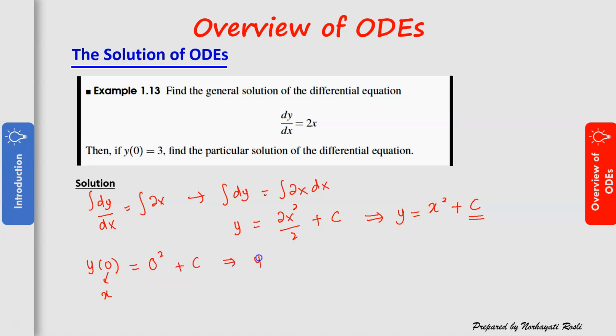Means that y(0) equals c, but based on the question, y(0) equals 3, so c equals 3. So our particular solution in this case is y equal to x squared plus 3, because based on the previous calculation, we got the arbitrary constant equal to 3. So this is our general solution, and this one is our particular.